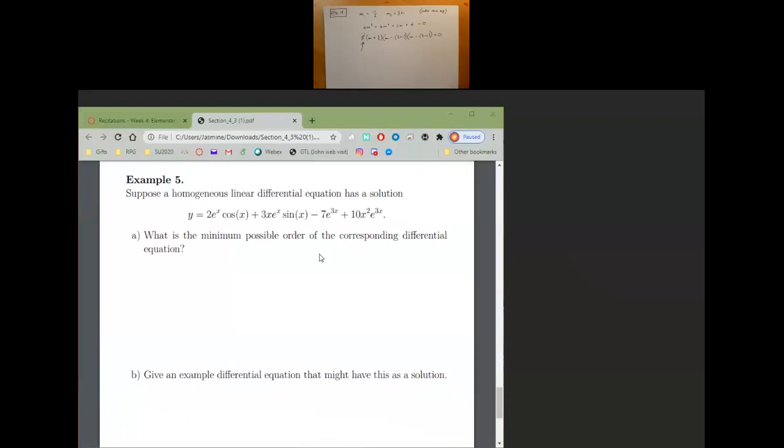Is it a 4th order differential equation? So let's see. I think it should be. What's that? Go ahead, Julia. I think because of the cosine and the 3 in the sine, it's for sure a 2nd order.